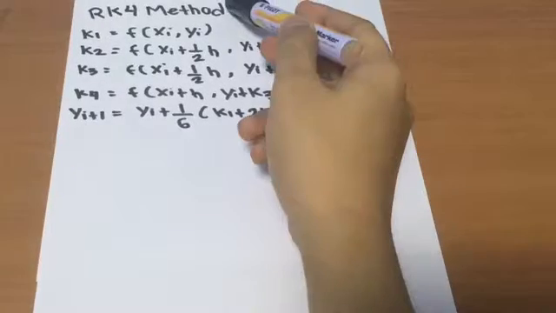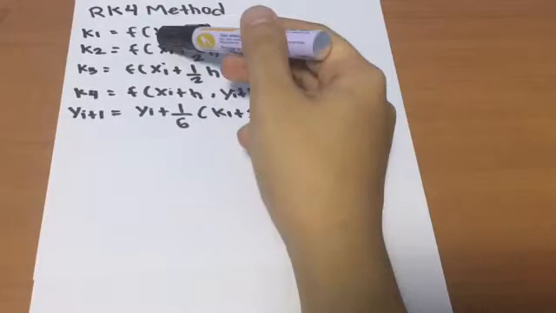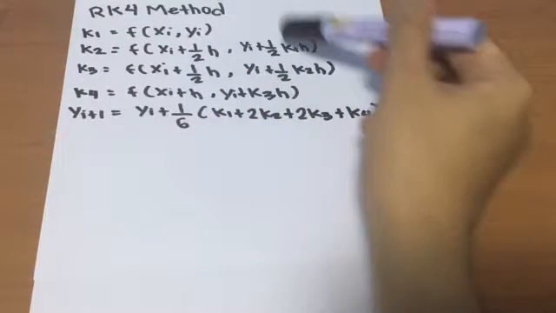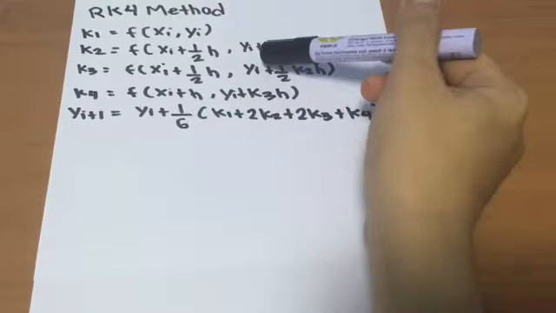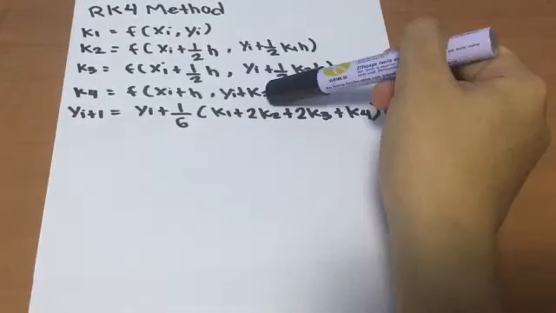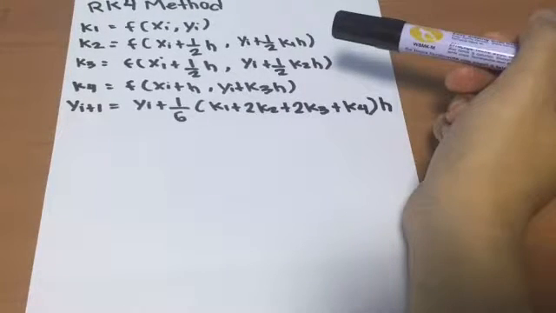And we have the RK4 method, our last method for our ODE, but certainly not the least. So we have here k1, k2, k3, and k4. That will be our equations for the RK4 method, or the Runge-Kutta fourth order.